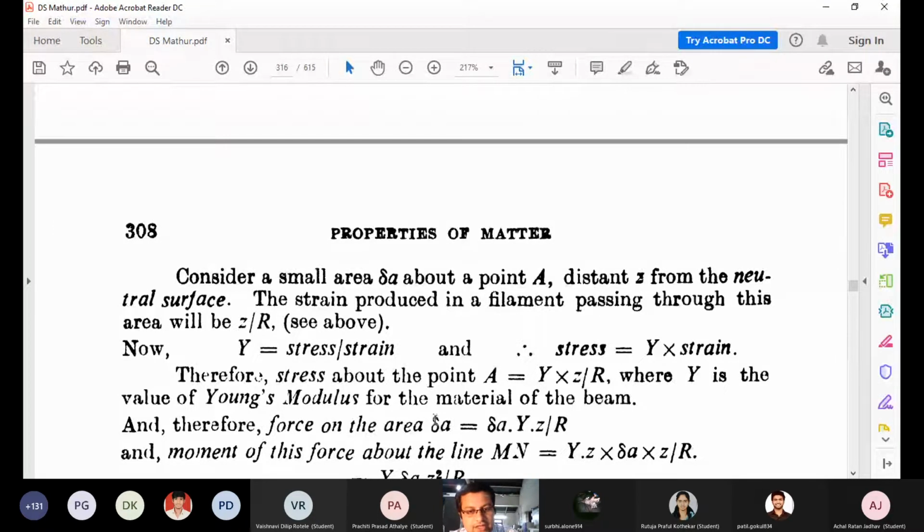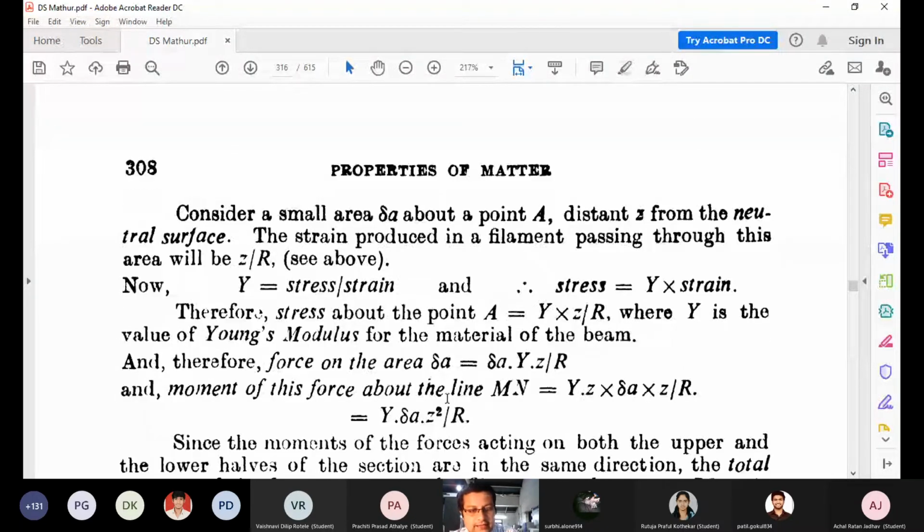So for the small portion delta A, the area where that force is acting, force per unit area you call a stress. And therefore to calculate the force, you just multiply this value with the area. So delta A multiplied by Y z by R, this becomes your force acting on that small portion delta A.